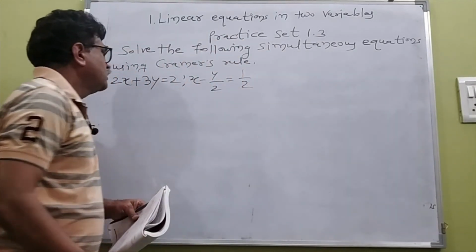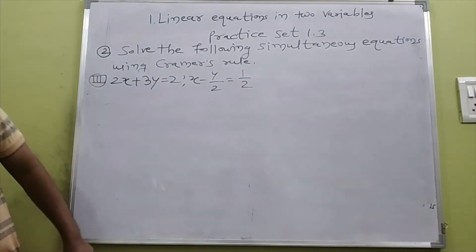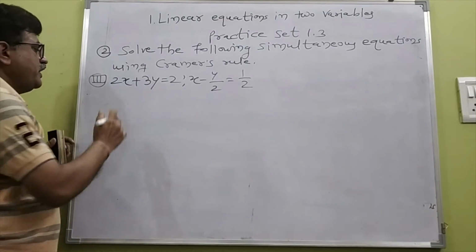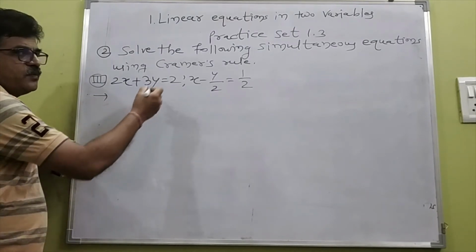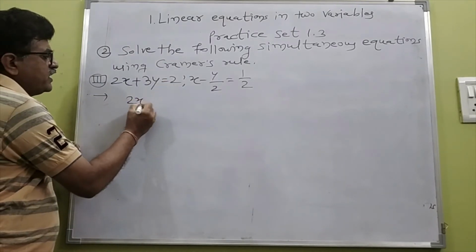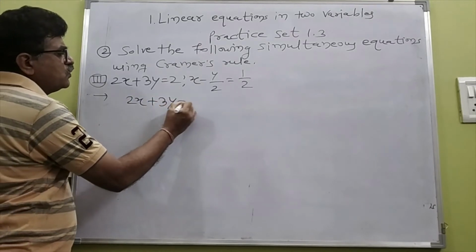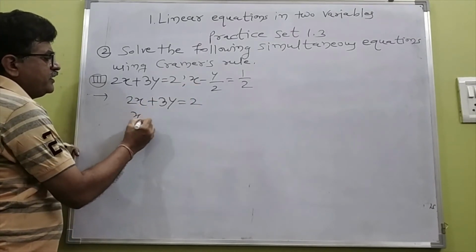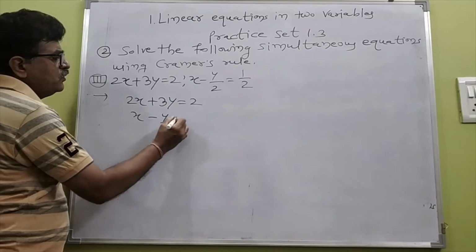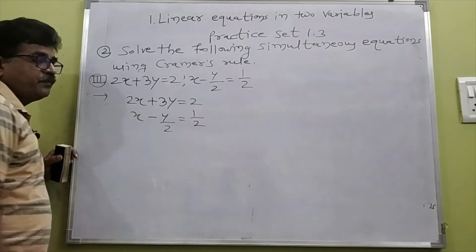Now, first write down given equations in the form ax plus by is equal to c. त्या फॉर्म मध्ये आहेतच. 2x plus 3y is equal to 2 and x minus y upon 2 is equal to 1 upon 2.